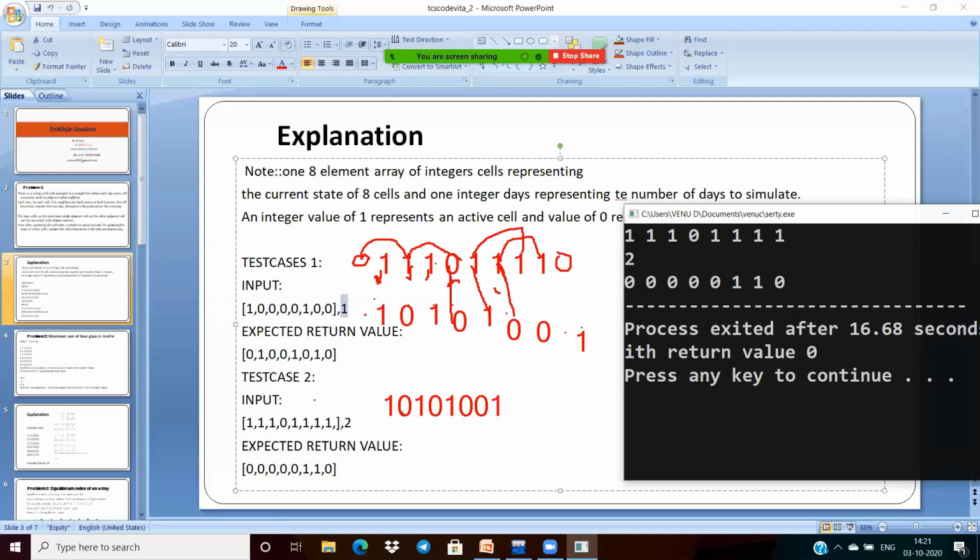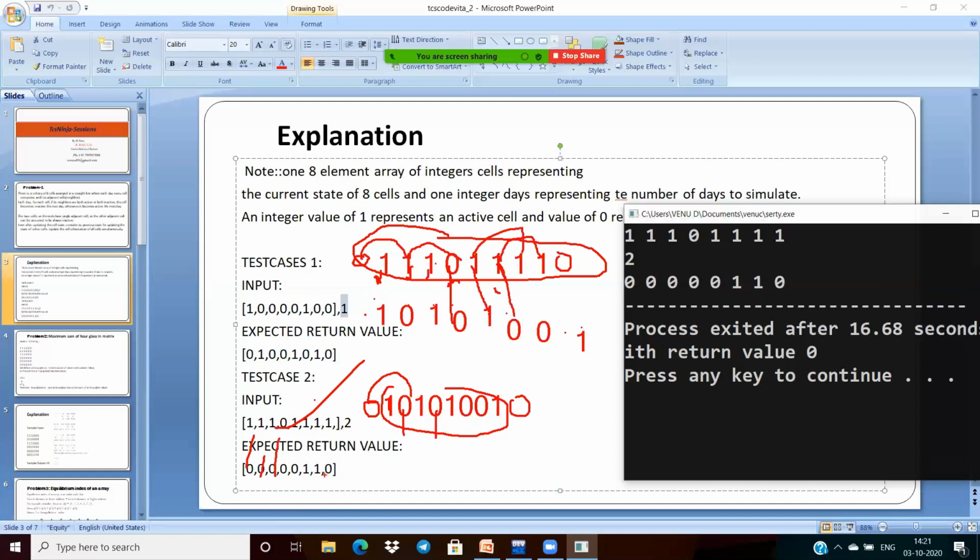After completion of the first day, the status can be modified into this. I'm taking this one, and this can be modified to this. So now again I'm adding 0 on both sides, then implementing the logic. See, 0 0 1 has both neighbors 0, so 0 will come. Next, 1 1 0, yes, 0.